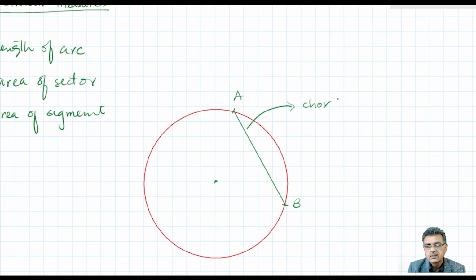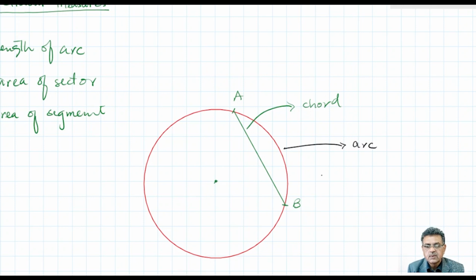That is called a chord. And this curved path between these 2 points, this one, that is called an arc.